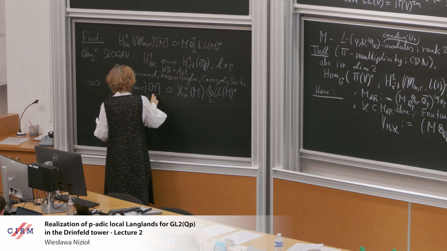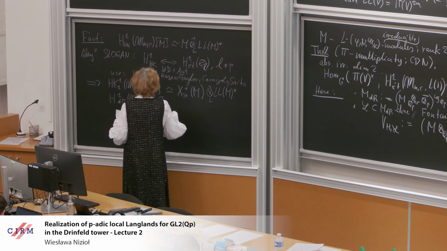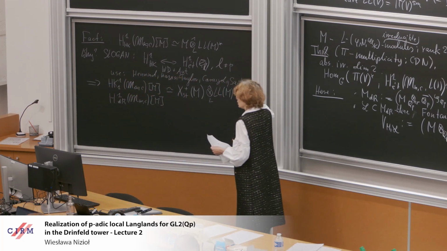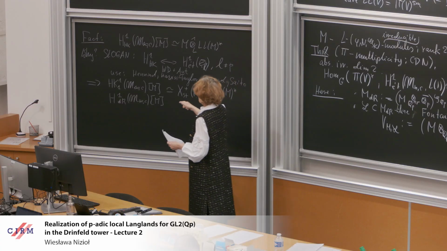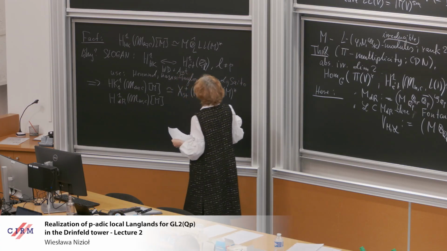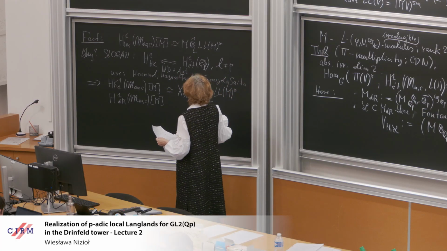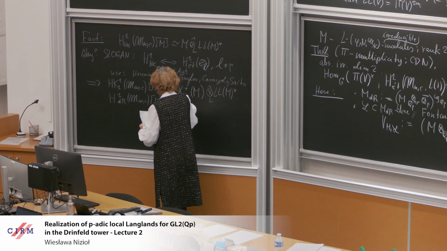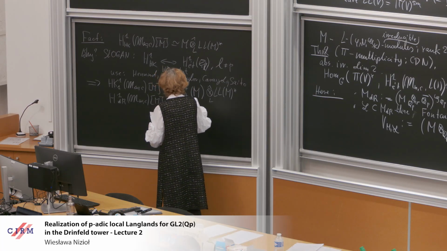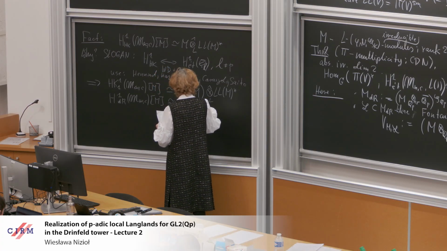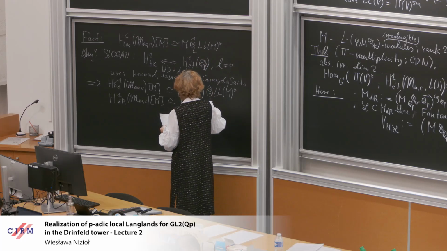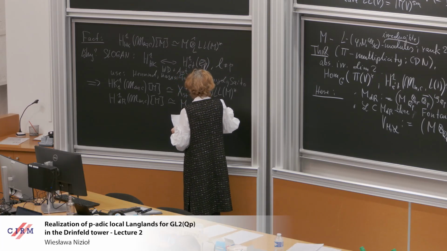And for the de Rham cohomology, remember that the Hyodo-Kato isomorphism tells you that Hyodo-Kato tensor C, or K in this case, is actually de Rham. So what we are getting here is M de Rham tensor local Langlands M dual.